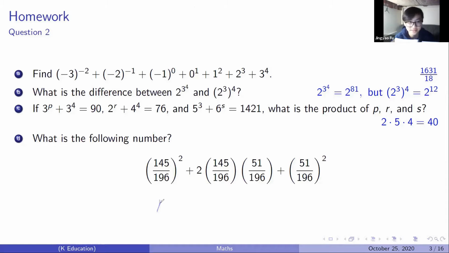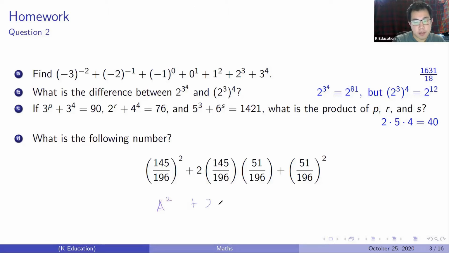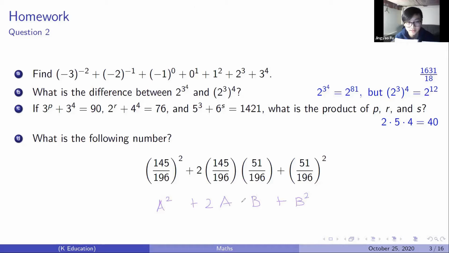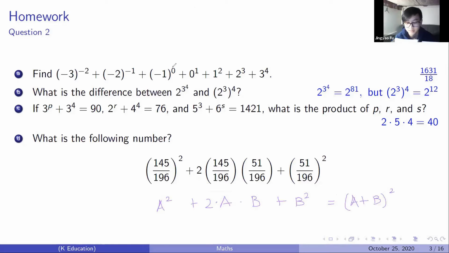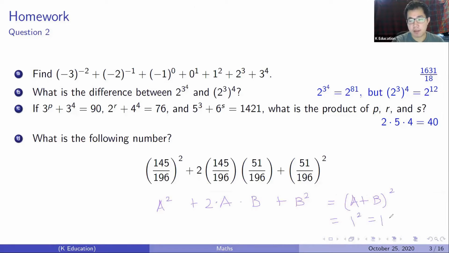This is of the form a squared plus 2ab plus b squared, right? Yeah, this is exactly what I was intending. Of course, if you had the patience to go through this and square all these big numbers, you could have done that. But it's easier to realize that this is the case. And what is a plus b equal to? A plus b equals 1. Okay, and then 1 squared is just 1. So the answer is simply 1.